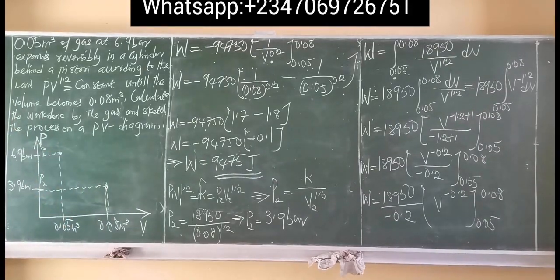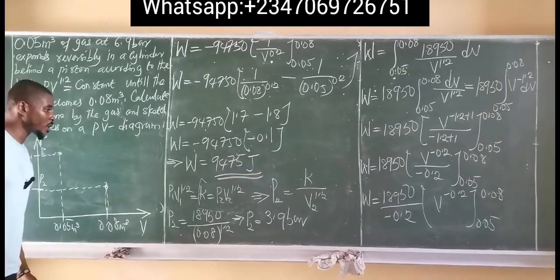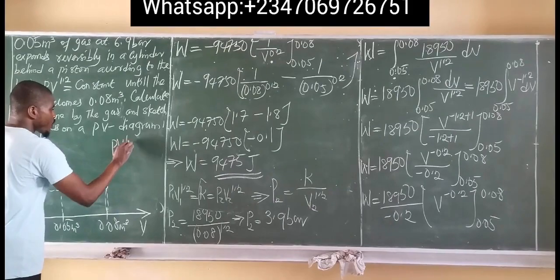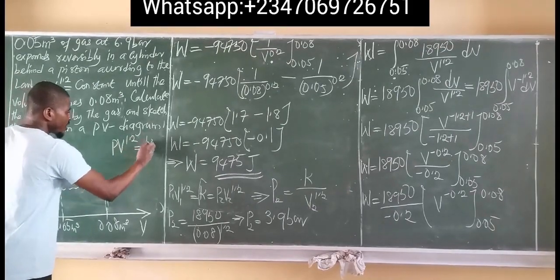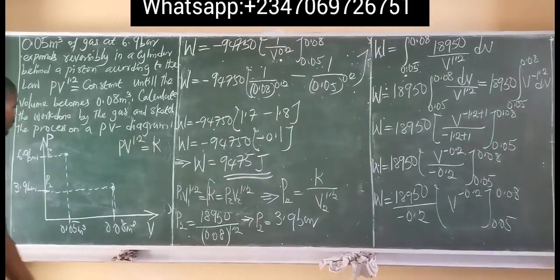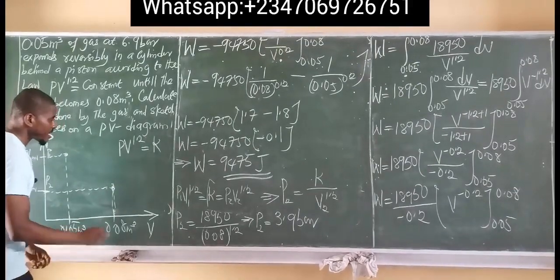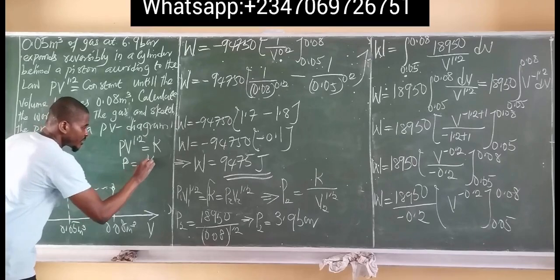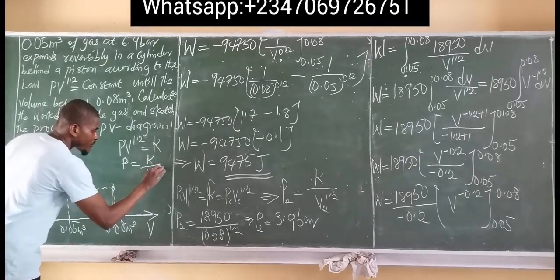Now, to plot this diagram, it has to be according to the law given to you. The law states PV to the power of 1.2 is equal to a constant K. So since this is not a linear law, I can relate pressure with volume as K all over V to the power of 1.2.